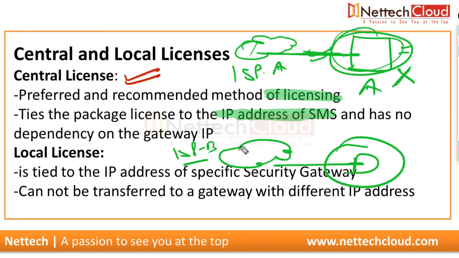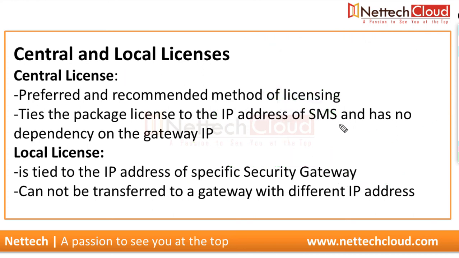Because a central license is tied with the IP address of the SMS, not with the gateway IP address. Here the gateway IP address doesn't play any important role. The important role is that of the management server IP address. So easily you can change the location of the security gateway. You can move the gateway from one location to another, or even if the public IP address of the gateway has been changed, no need to worry about that.